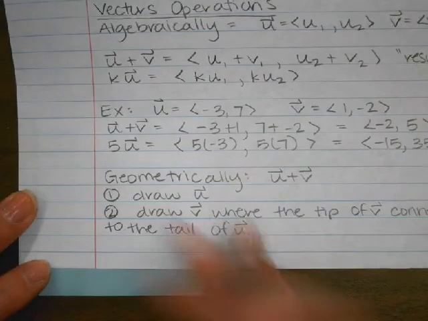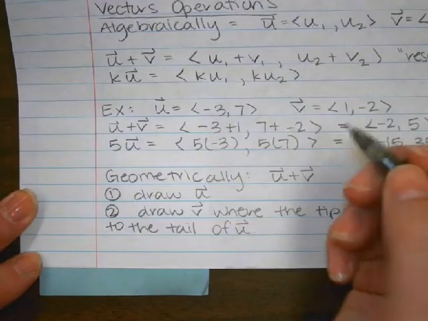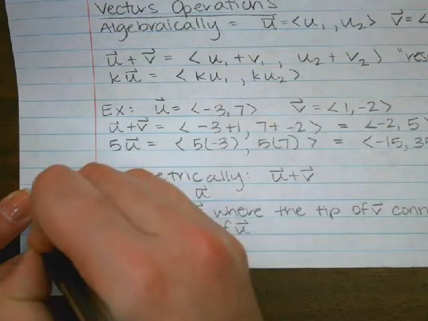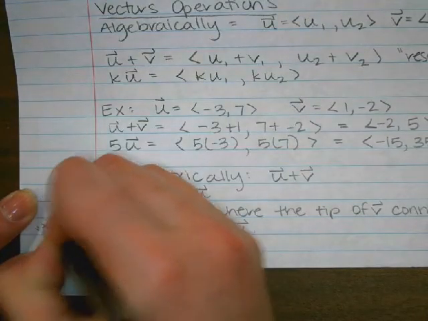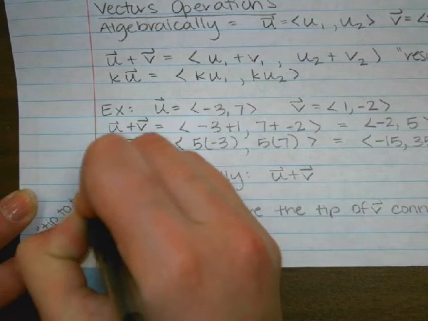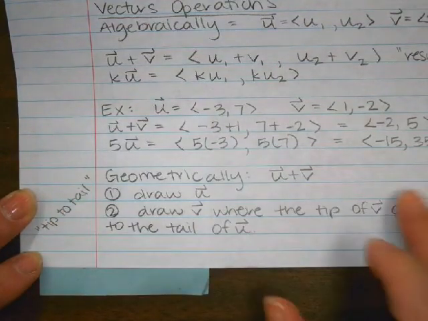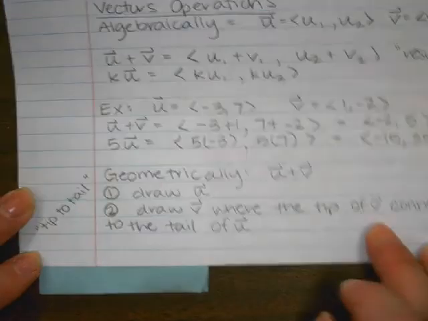Because of this, when we do our drawings, so we're adding things geometrically, we keep in mind tip to tail. It helps us remember how to go through and add and subtract.